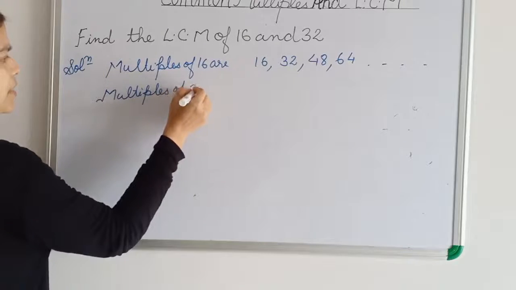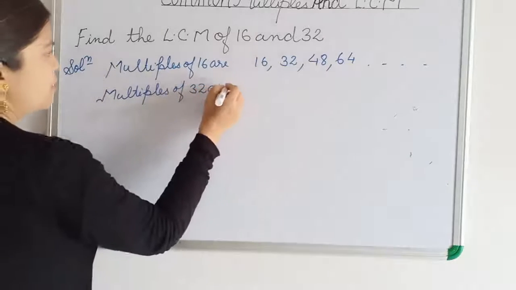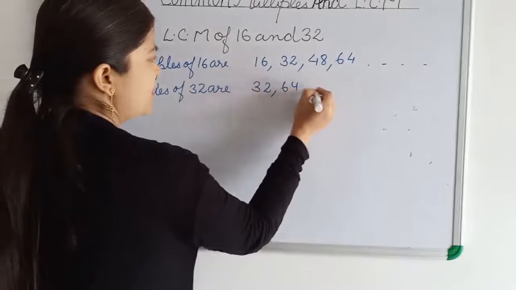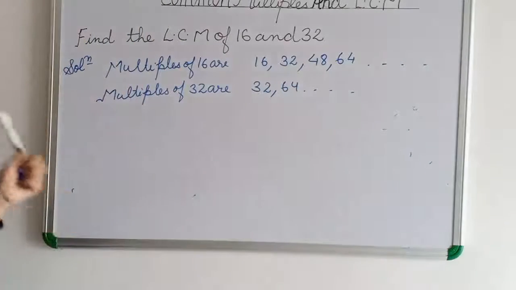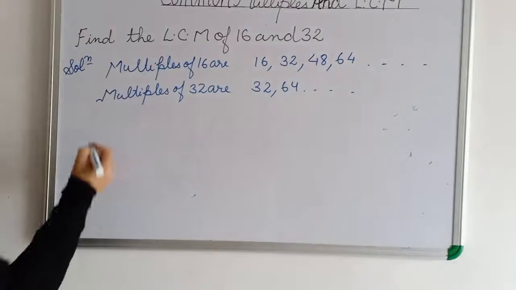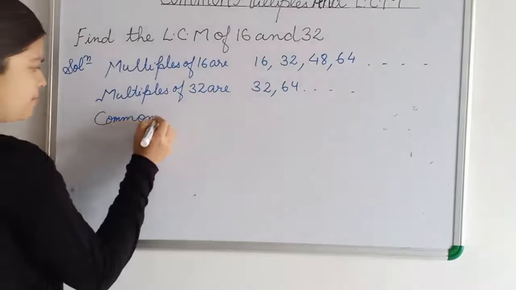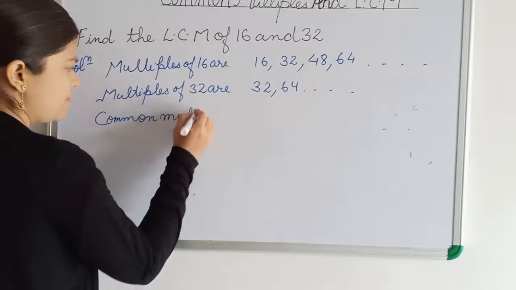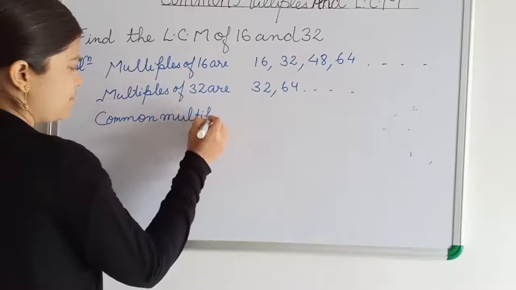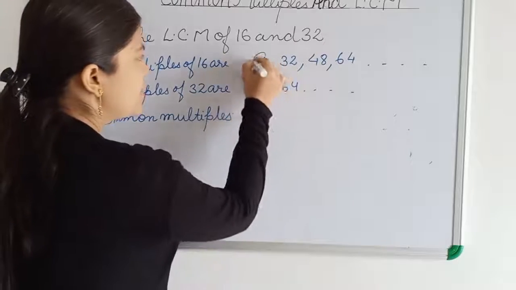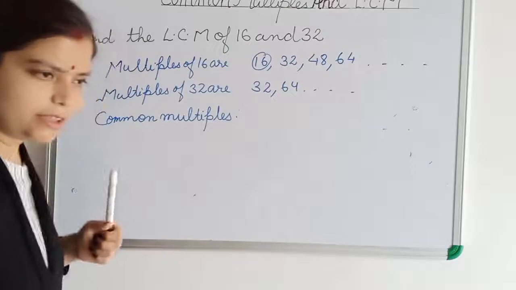Multiples of 32 are 32, 64 and so on, okay? Now we will find the common multiples. 16 is not a multiple in the second number.